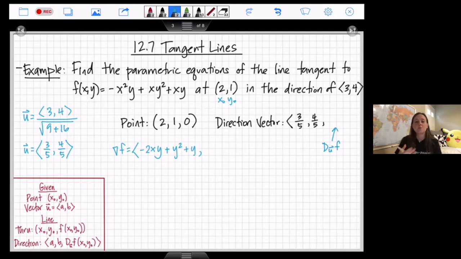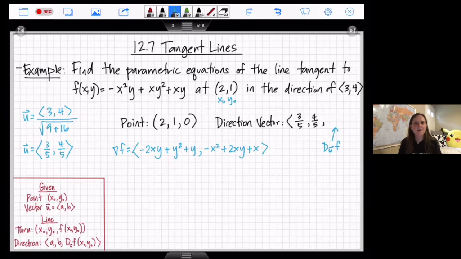Then do the same thing with respect to y. Now the x is the constant. The derivative of negative x squared y is negative x squared. The derivative of xy squared is x times 2y, or 2xy. And the derivative of xy with respect to y is x. Lots of y's and x's.